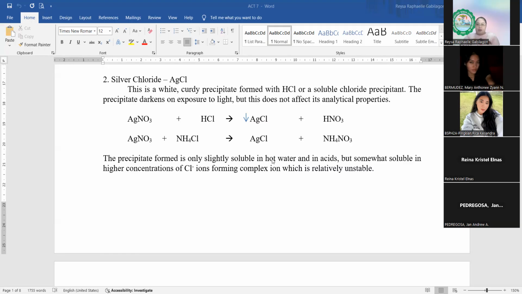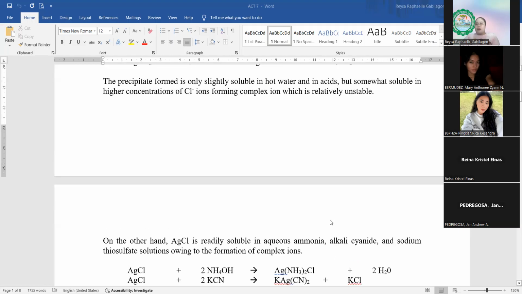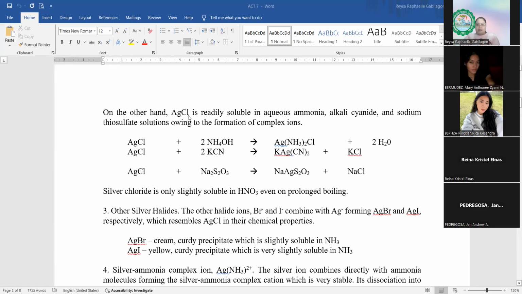Aside from hot water, it is also slightly soluble in acids. But it is somewhat soluble in higher concentrations of chloride ions, forming complex ions, which are relatively unstable. When you add, for example, ammonium chloride or excess hydrochloric acid, with too much chloride, it becomes somewhat soluble.